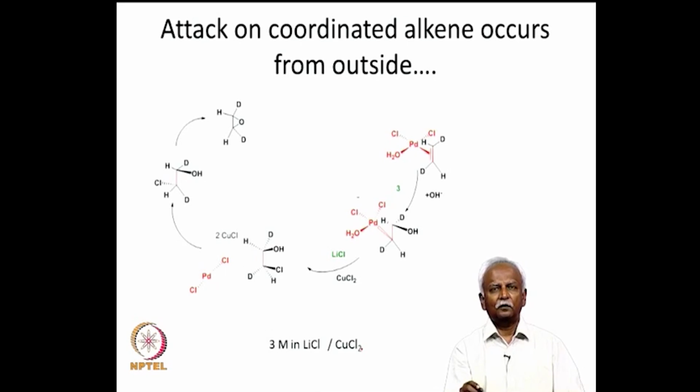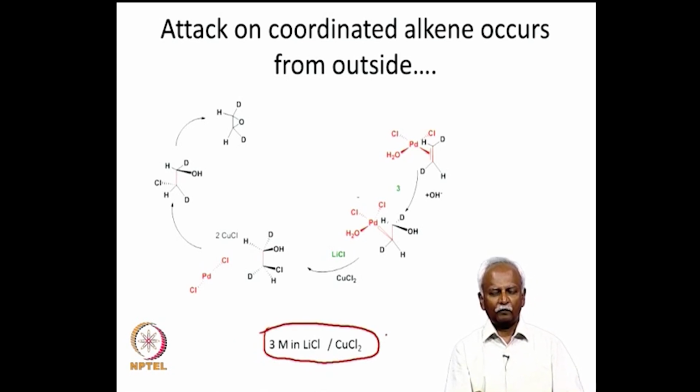We have shown this reaction with isotopically labeled species, so that you realize that the hydroxide, which we showed in the previous slide as an internal attack from the palladium, can also happen from the outside. So, here is a reaction where you add OH minus and add lithium chloride and cupric chloride, and the concentration of these two species is quite high in solution.